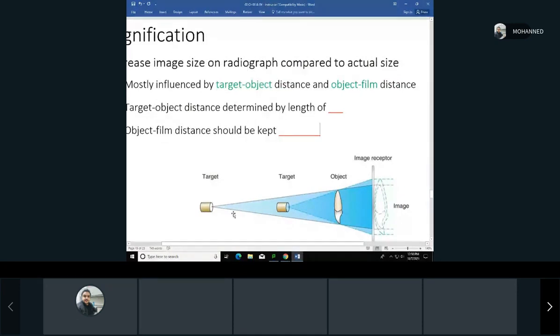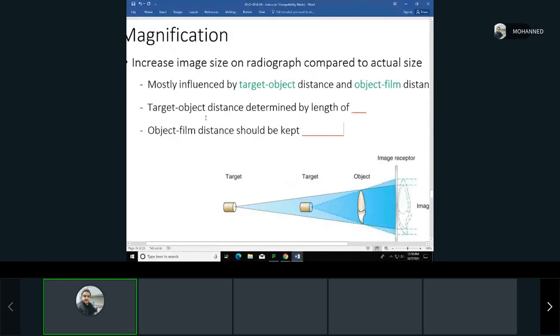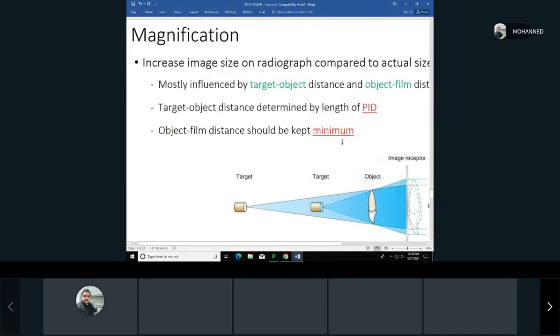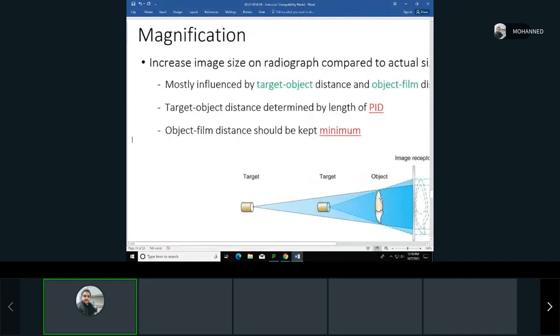So the target, which is the anode, technically distance determined by the length of the PID, exactly. So in our machines, the target object distance is just the length of the PID. Is it 8? Is it 16? The film object distance should be kept at minimum. We want the film really close to the tooth as much as we can, if we can.